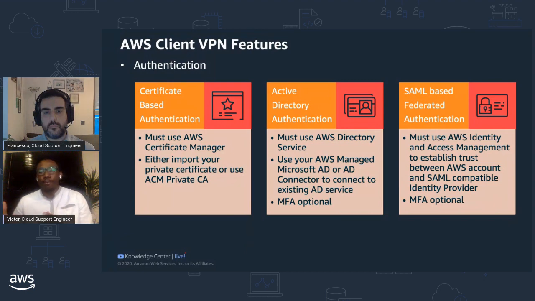So when you're using a third-party identity provider, for example, you have to ensure that you establish trust between that identity provider and AWS, right? And so you would have to use the AWS Identity and Access Management service for that, IAM. So when you use that service, you can establish that trust.